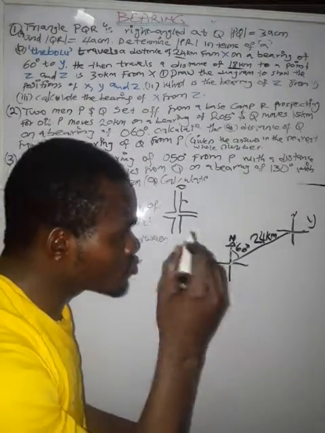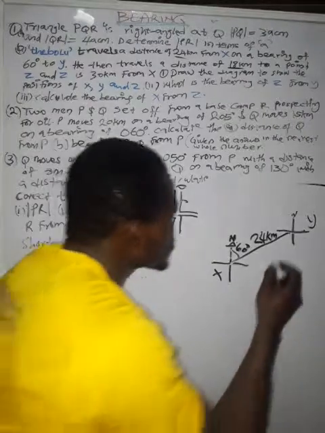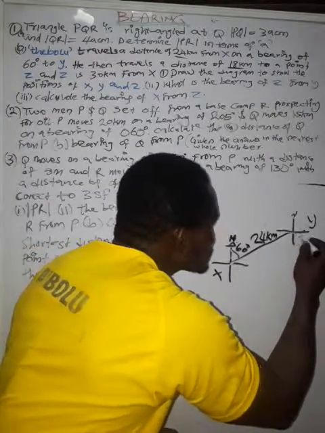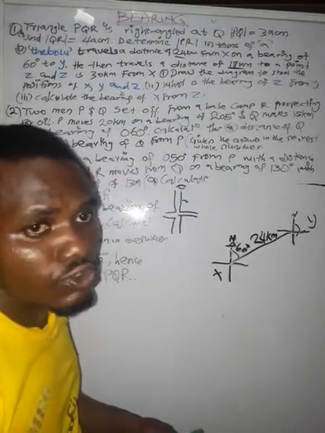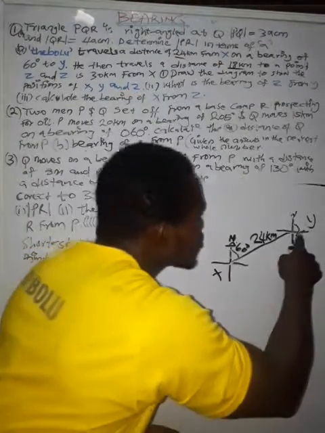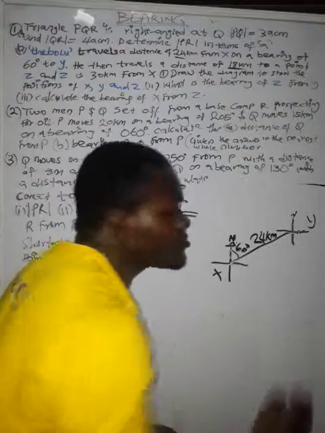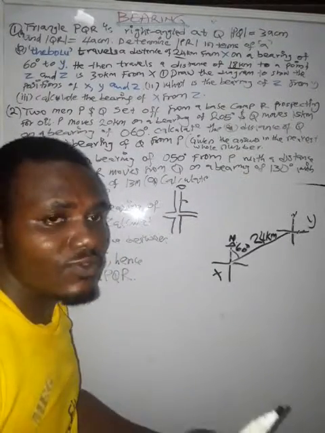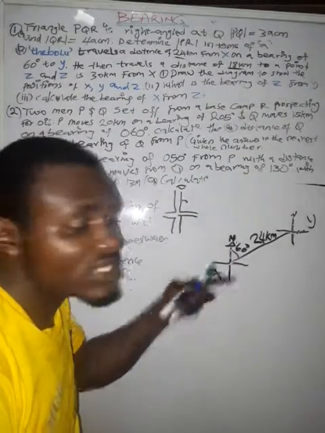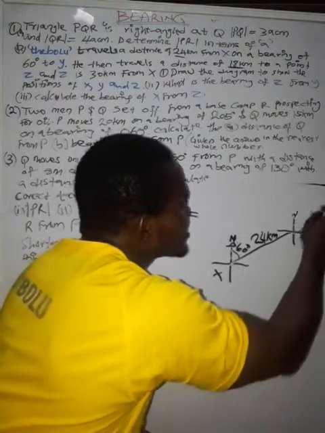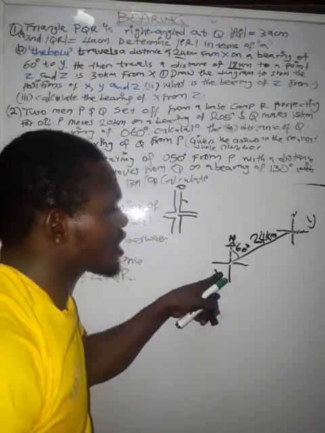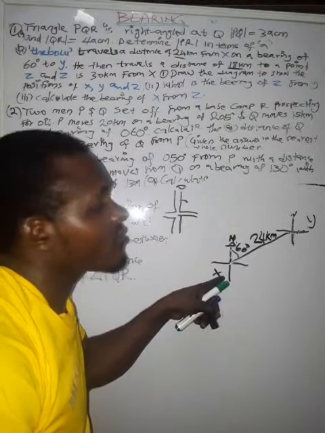No, you have to draw it with sense. We are not told which bearing that it moves. So from here now it moves, and it's 30 kilometers from X. So if you should come like this, it will not meet. You cannot get your 30 kilometers from here.